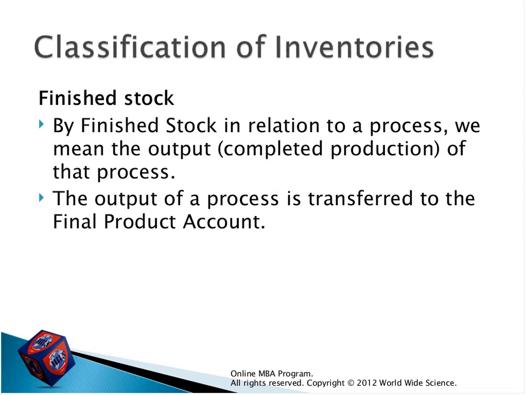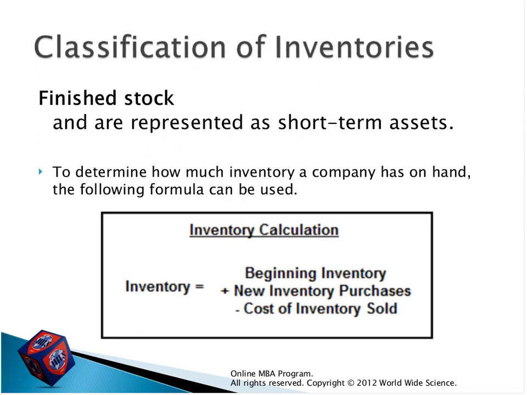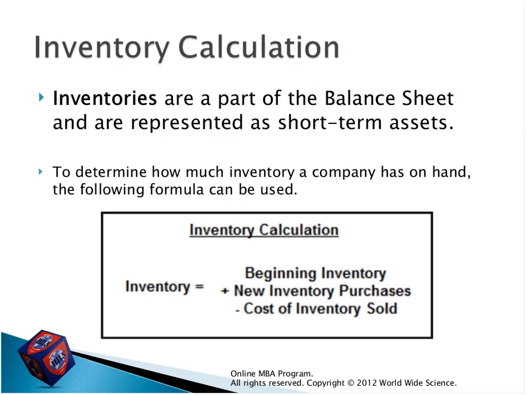So we have three main classifications of inventories, which is raw materials, work in progress, and the finished stock. So how to make calculation of inventories at the end of the period?